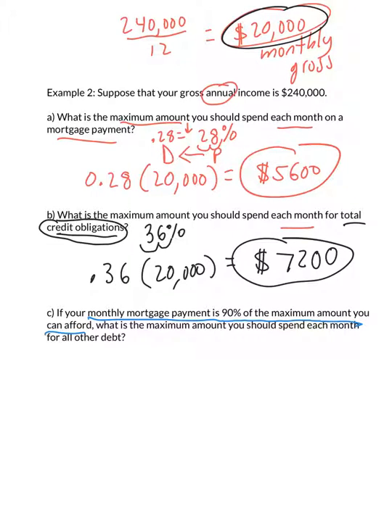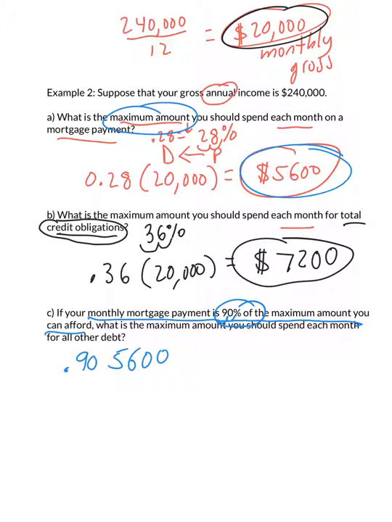Well, we said in Part A that the maximum amount we could afford on a mortgage payment is $5,600. And if our monthly mortgage payment is 90% of that number, convert 90% to a decimal, so move the decimal point 2 hops to the left, and it's 0.90 or 0.9.